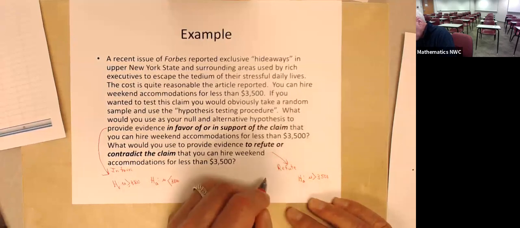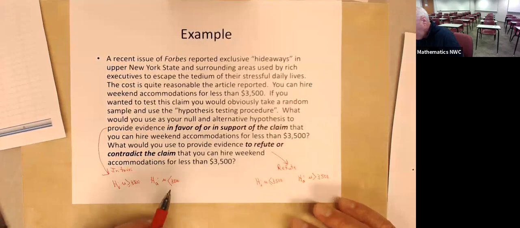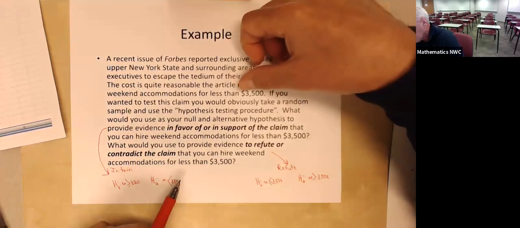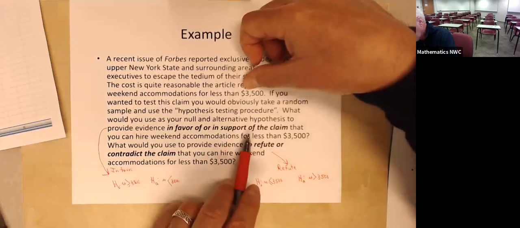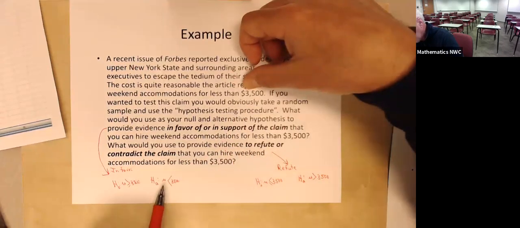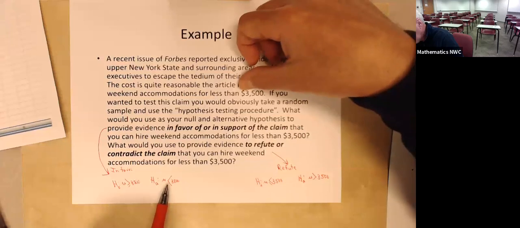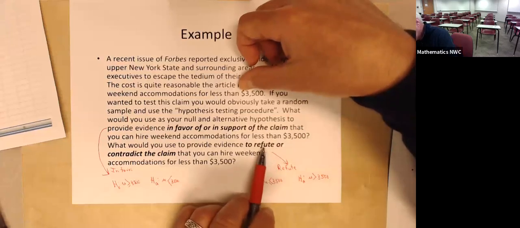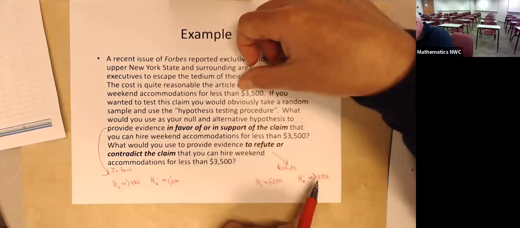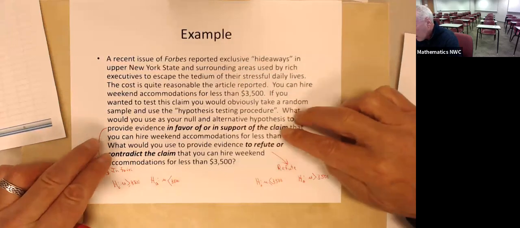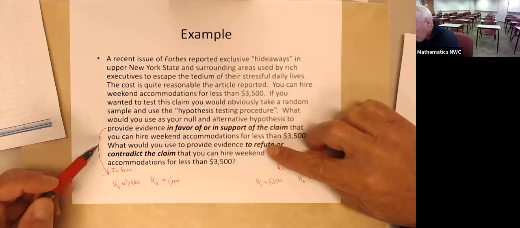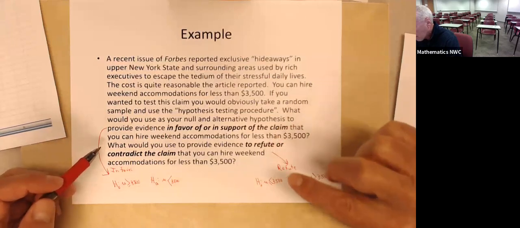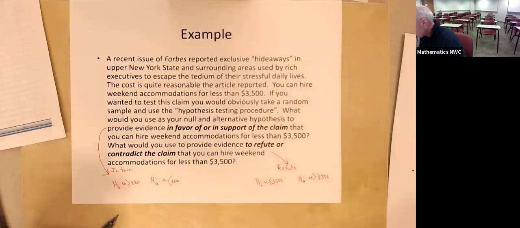Then I would have made the null that it was less than or equal to 3,500. The claim was less than 3,500. If I wanted to support the claim, I make my alternative the claim. If I want to refute the claim, I make my alternative opposite of that. It's important that you read these phrases carefully in your problems because they're going to use both types of phrasings in there.